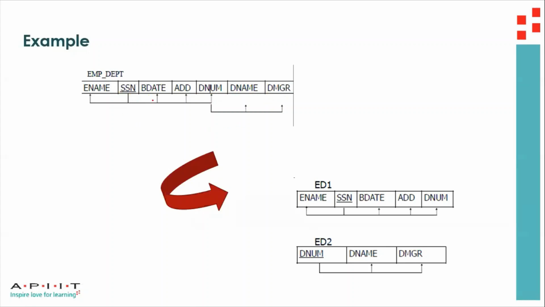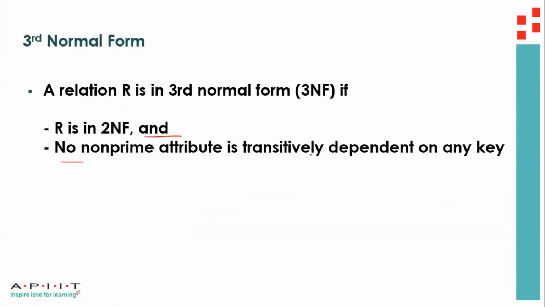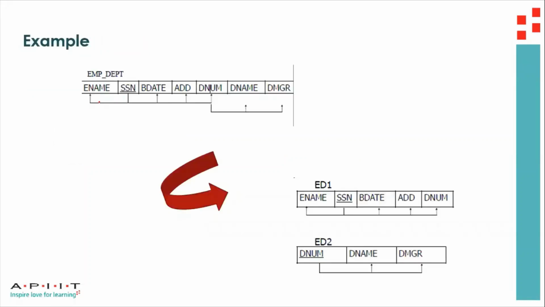Look at this now. It says transitively dependent. Let's see what this is. We know e-name depends on SSN. Social security number has an impact on the e-name. Date of birth, yes, depends on SSN. Address, yes.